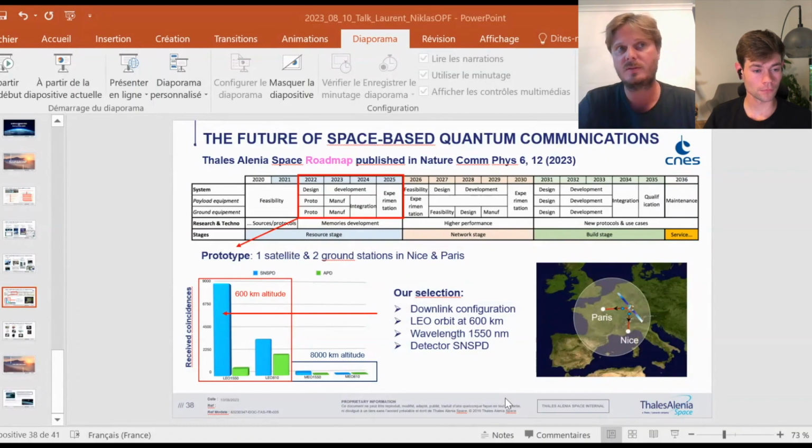So you cannot fix the wavelengths as you want. First you have to look at which wavelengths are not absorbed by the atmosphere. That's the first point. Then you have to select lasers that are compatible with these wavelengths, and that could be a problem, particularly for space applications.